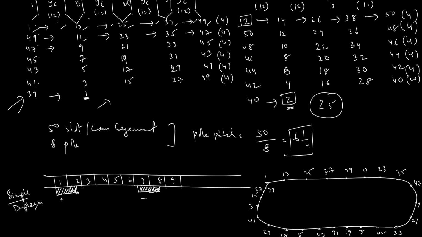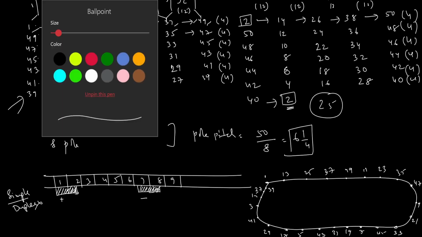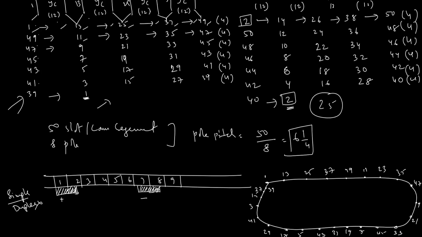Now where is our first brush? It is at position 1, the plus brush, and my second brush is shorting 7 and 8.